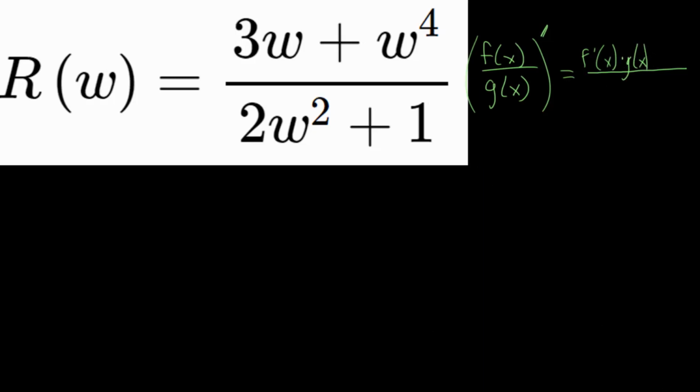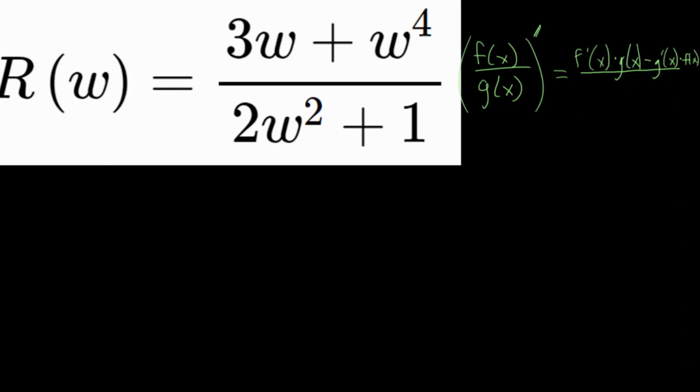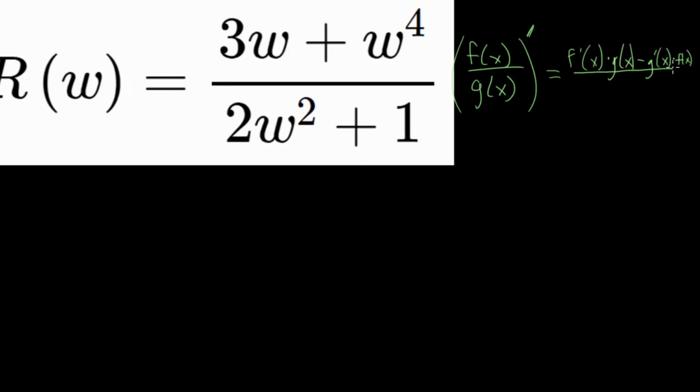Let me just make a slight amount more room. And then we subtract the derivative of that denominator function multiplied by that numerator function, f of x. Apologies, I'm running out of space there. And then we can divide by this denominator function squared.